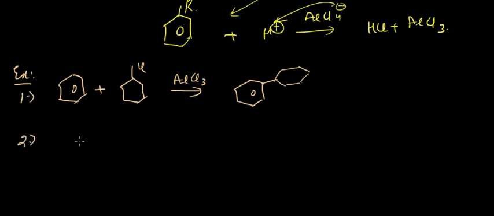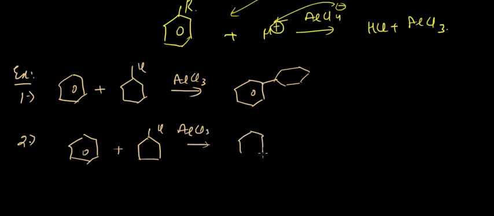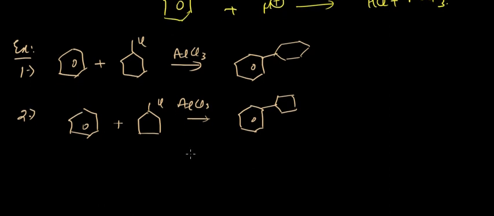The second example: suppose we have a benzene ring and we have a cyclopentane derivative in the presence of AlCl3. What will happen? Again we will get something like this as our compound.